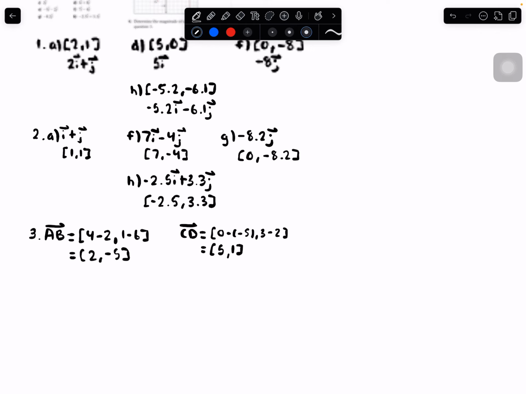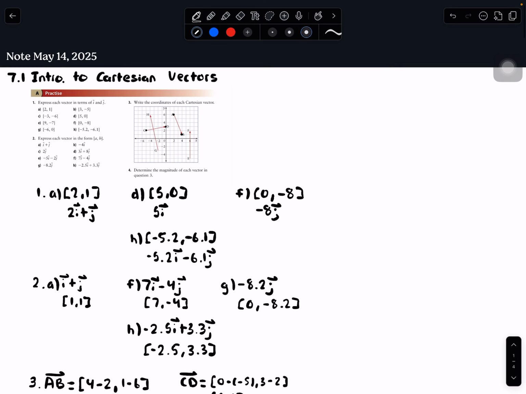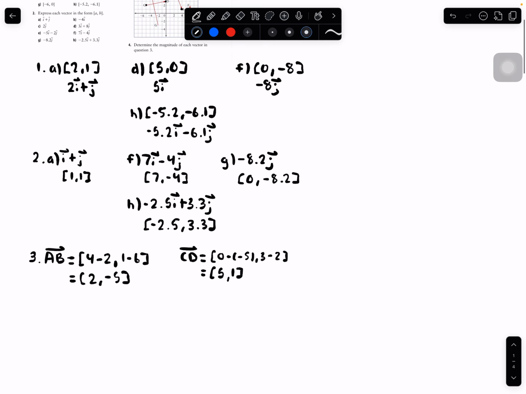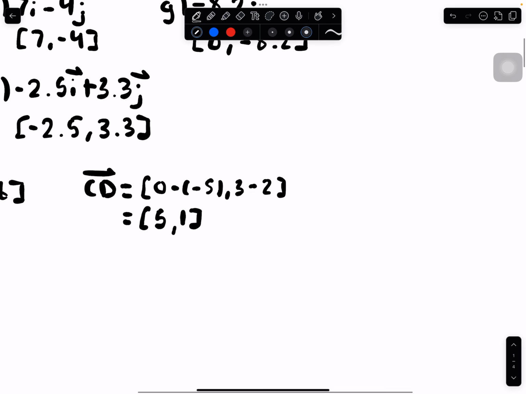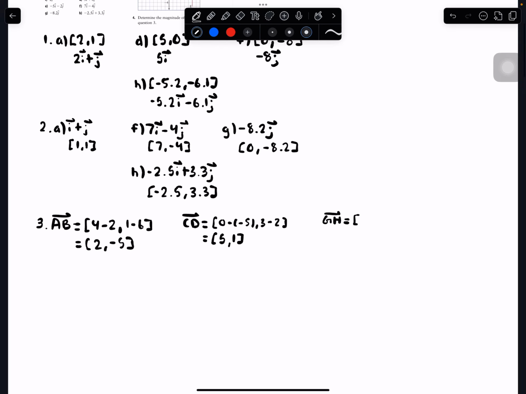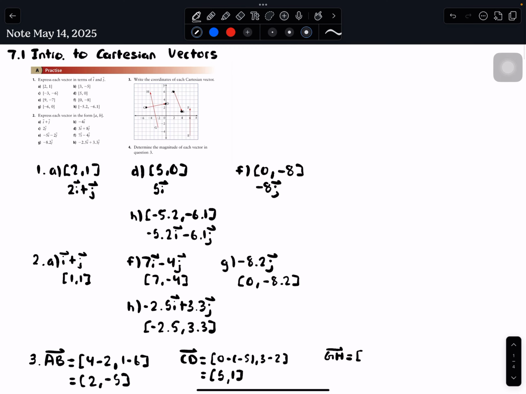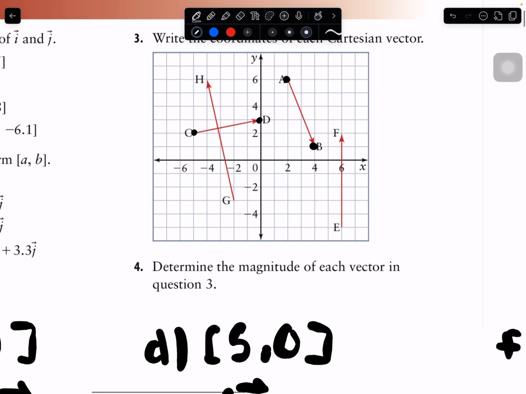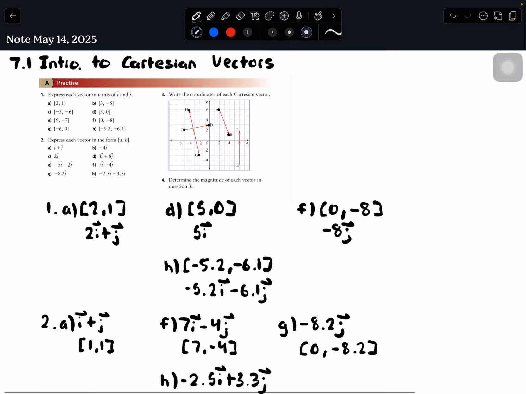Okay. And the next guy, we have GH and EF. So GH. Same deal. This to this. And we have negative 4 minus negative 2.